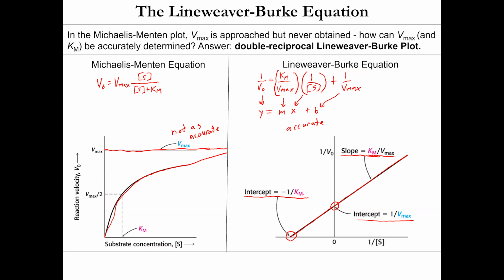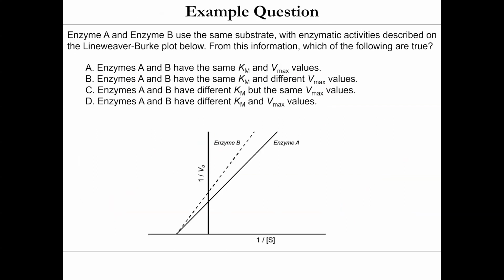As an example question, just like with the Michaelis-Menten question I asked before, enzyme A and enzyme B use the same substrate, and they have enzymatic activities described on this Lineweaver-Burke plot below. From this information, which of the following are true?